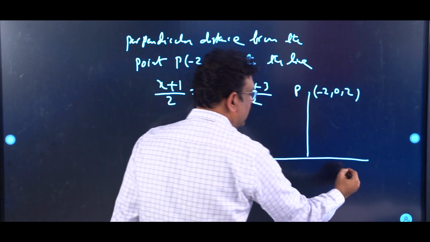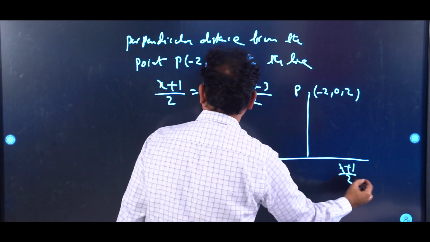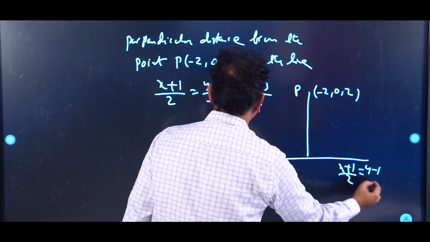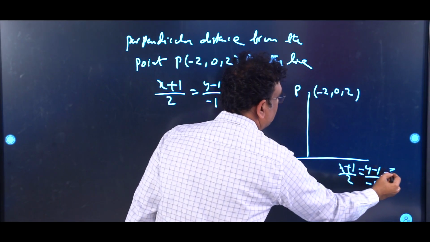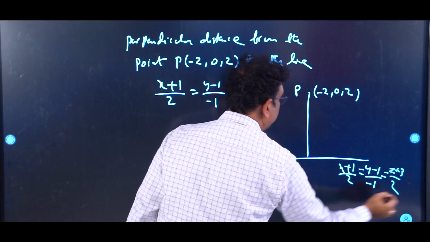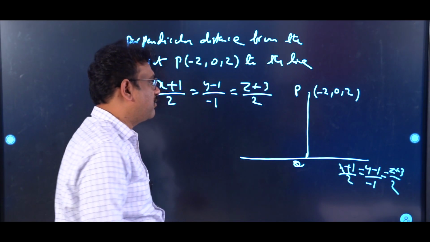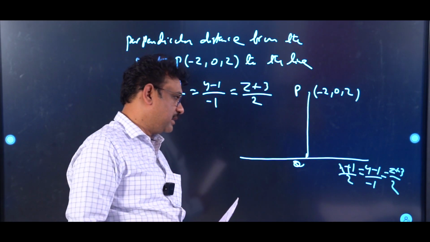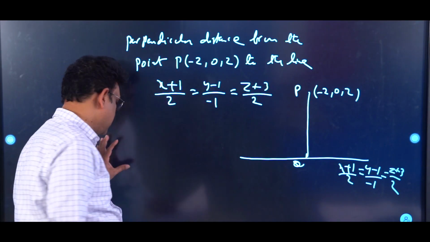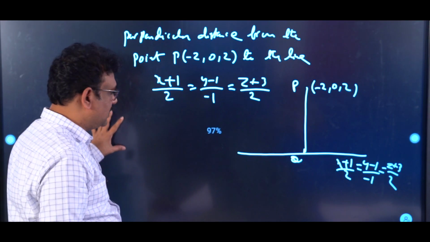Now this is the line (x plus 1) by 2, (y minus 1) by minus 1 is equal to (z plus 3) by 2. This is the foot of the perpendicular drawn from P to the given line. Now any point can be taken on this line.